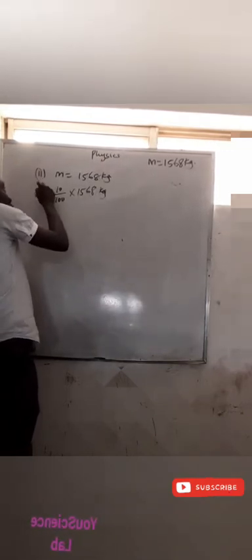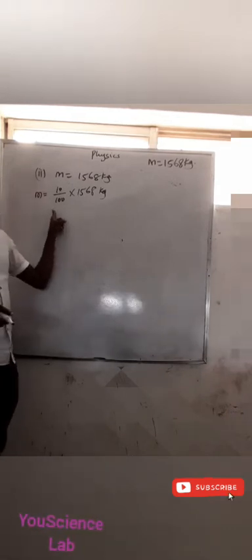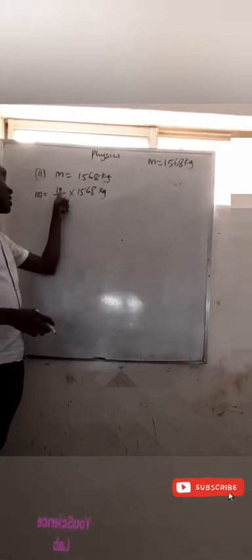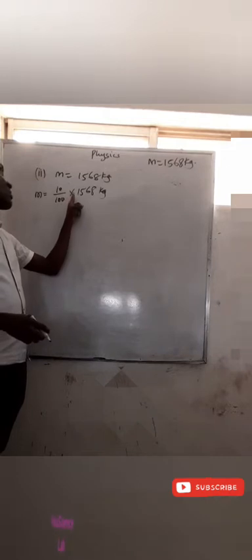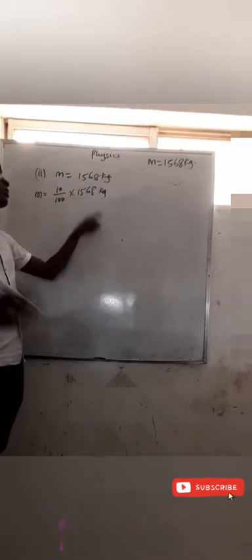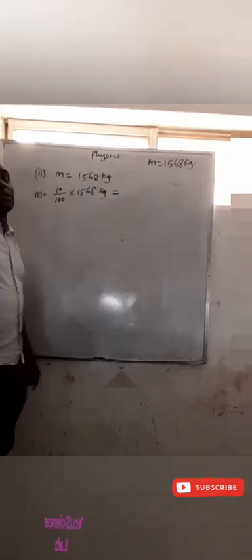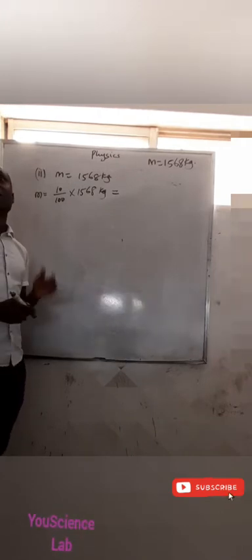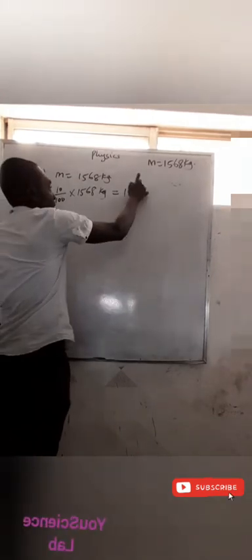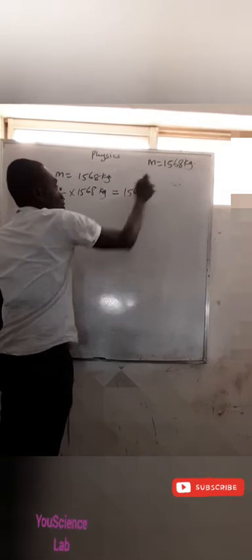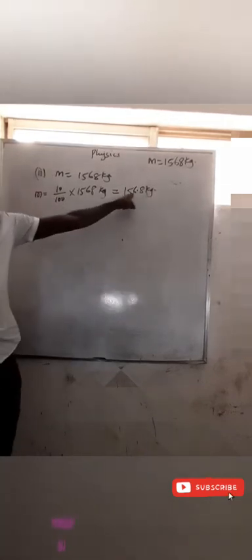So the mass that is going to melt is 10%. That's 10 over 100 times 1,568. So that will give us what? 156.8 kilograms.